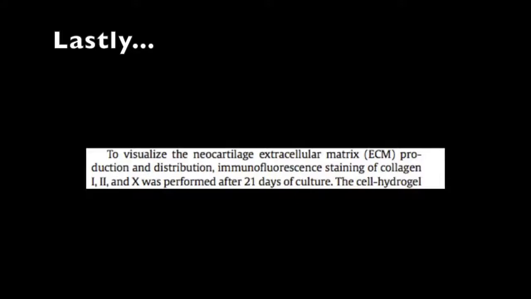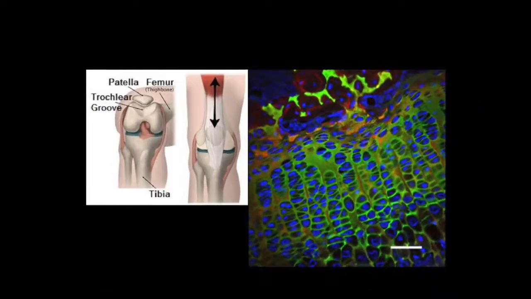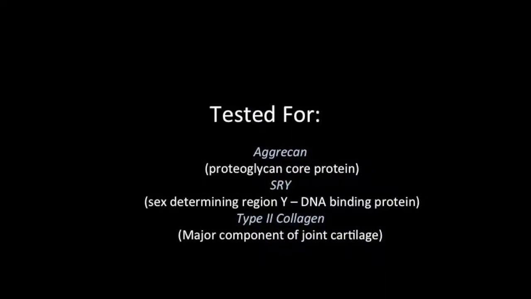Lastly, in order to visualize the new cartilage extracellular matrix production and distribution, a technique of immunofluorescence staining was performed after 21 days in culture. Once the testing procedure was completed, the researchers focused on analyzing the levels of aggrecan, SRY, and type 2 collagen.